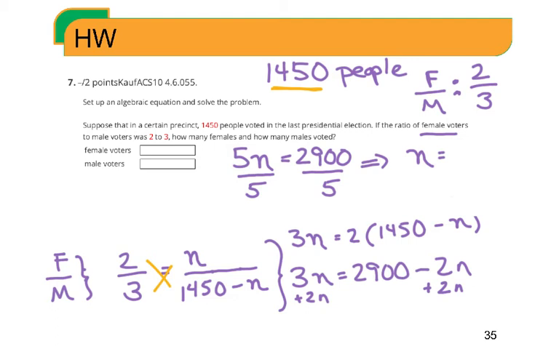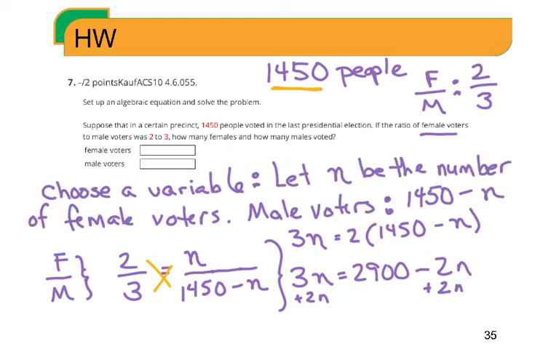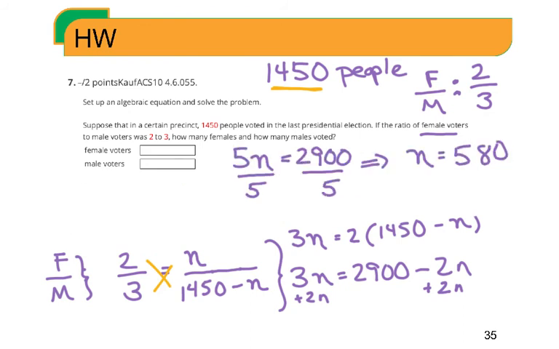Let's check. Yes. Now, what is N? Sometimes you might forget along the way. N is the number of female voters. So this is 580. How do I figure out the male voters?